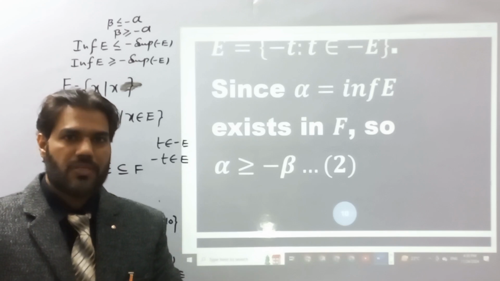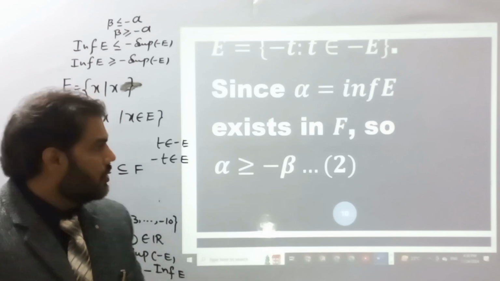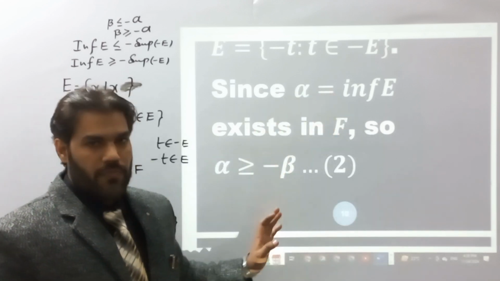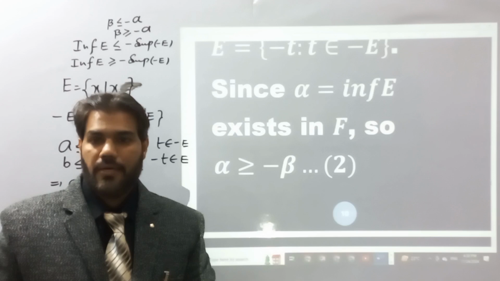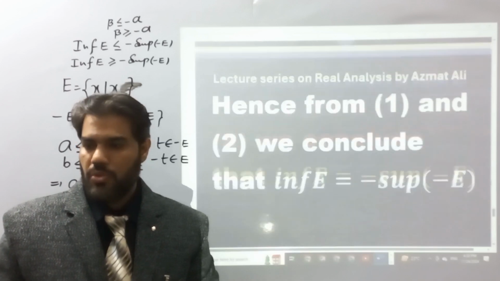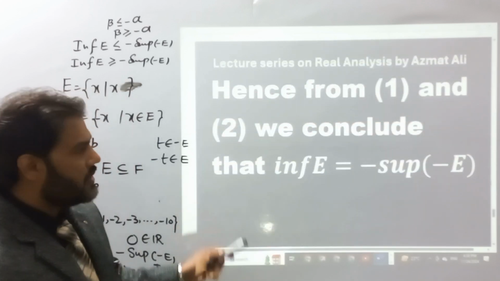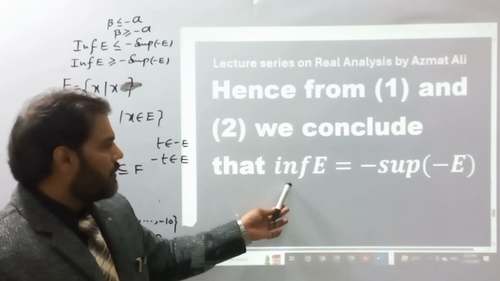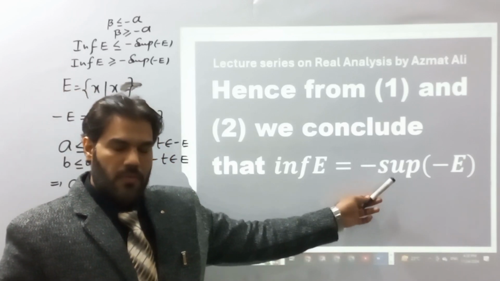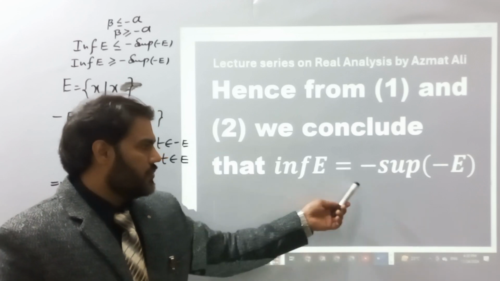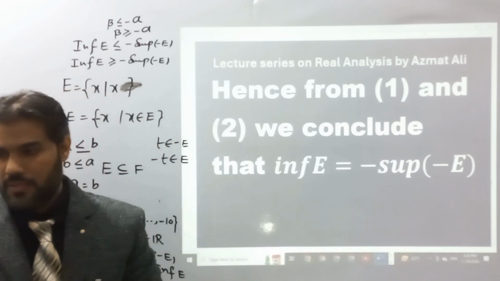Clearly, the greatest lower bound is greater than or equal to a lower bound. So alpha, which is the infimum of E, is greater than or equal to minus beta. By combining 1 and 2, we have alpha is equal to minus beta. Alpha was the infimum of E and beta is the supremum of minus E. Hence, the infimum of E is equal to minus the supremum of minus E.